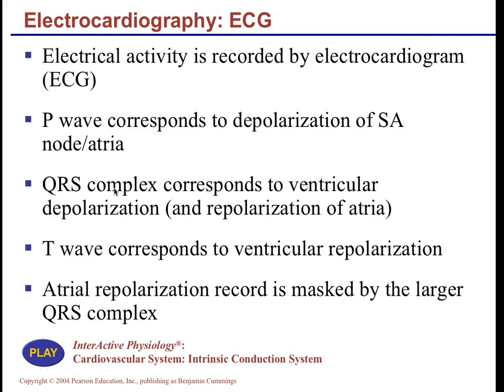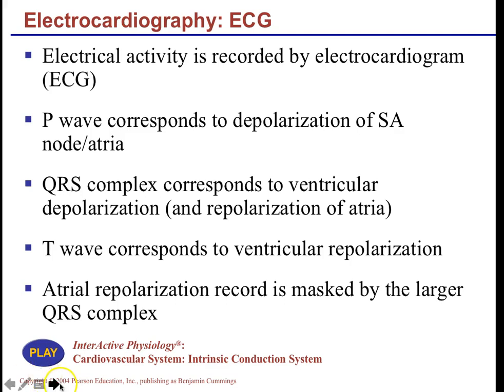So as your atria depolarize in the P wave, then the QRS is going to repolarize them, but because of the massive discharge of the ventricles and the QRS complex being so complicated, it's hidden. Okay, and then the last is the T wave, and the T wave corresponds to the repolarization of the ventricles.